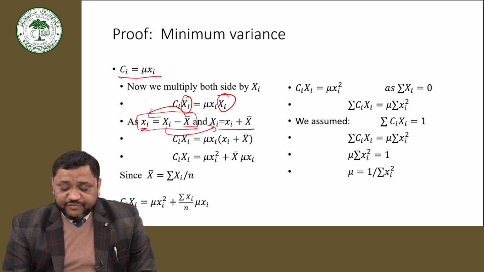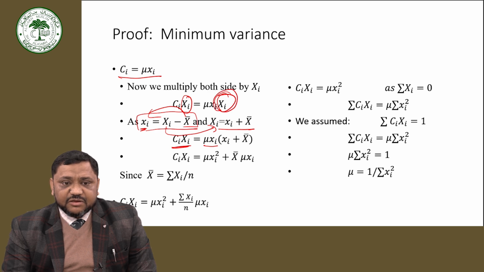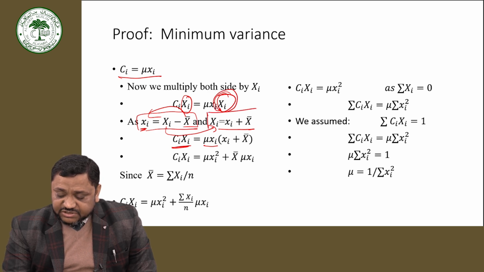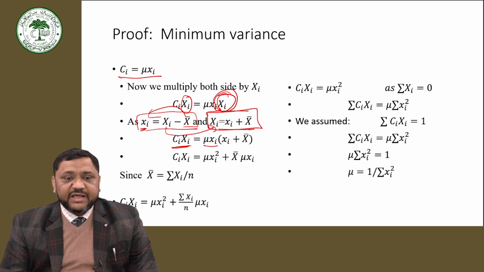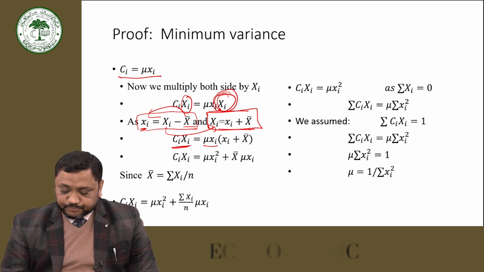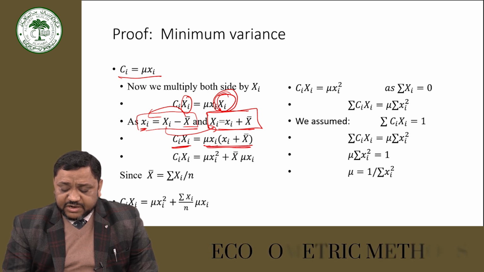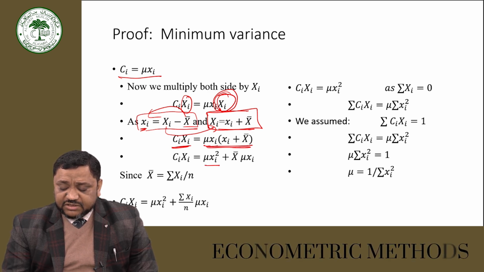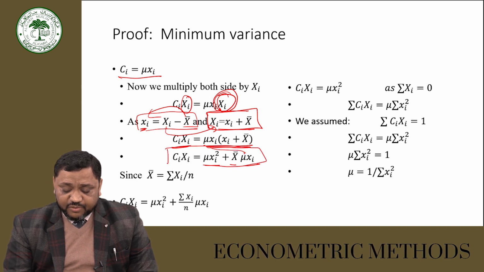So we write ci Xi is equal to mu xi times Xi. In place of Xi, we write what we have just seen, that is capital Xi is equal to small xi plus x bar. Now we open this bracket, and this can be written as mu xi square plus x bar mu xi. So ci Xi we can write in this format.